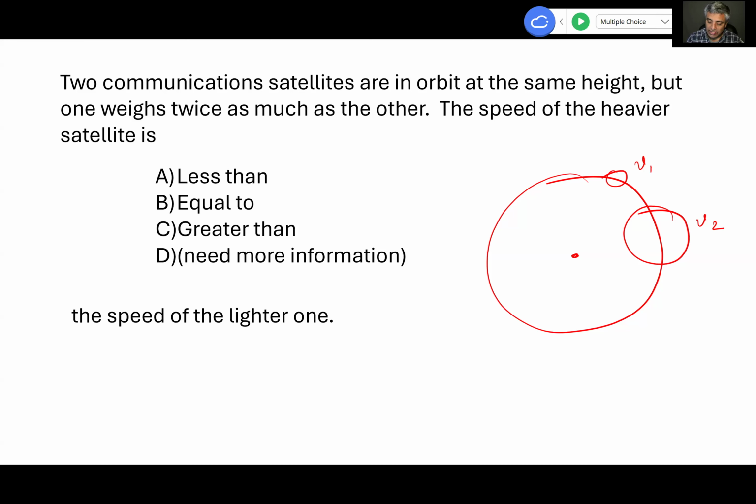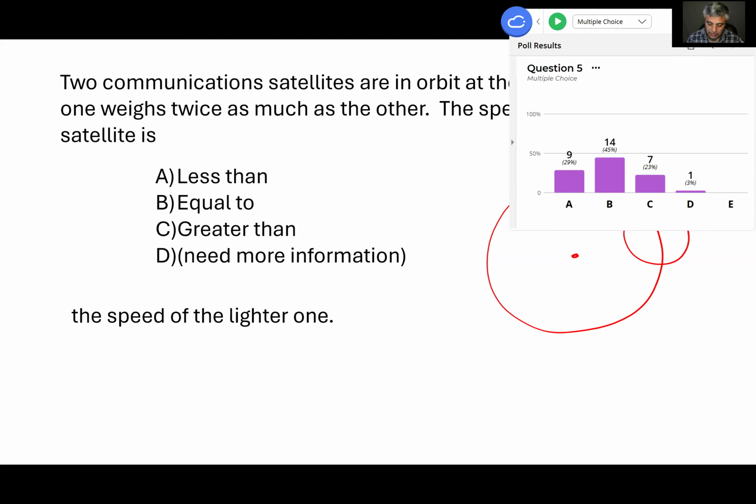Okay, let's see what happens here. So mostly B, and that is the correct answer.